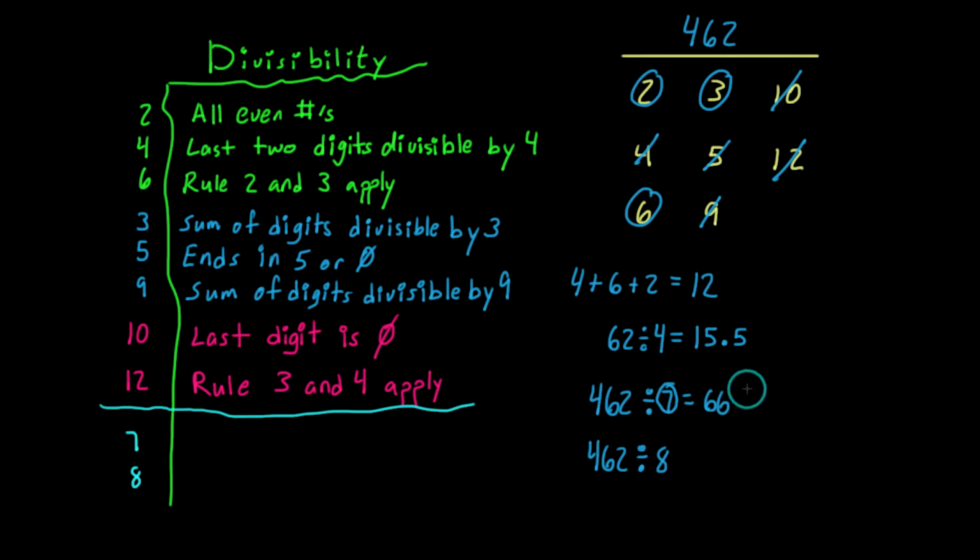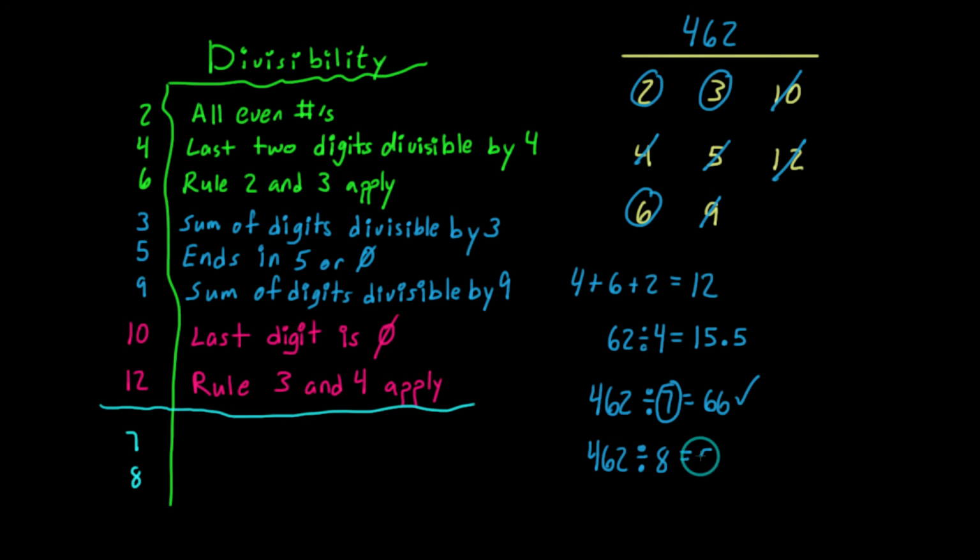So you could circle this or put a check mark here if you wanted, but the rule of 7 checks out. So you could just check that 462 is divisible by 7. But what about division of 8? Is 462 divisible by 8?